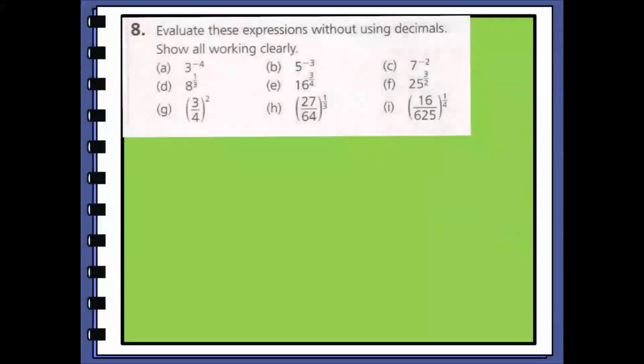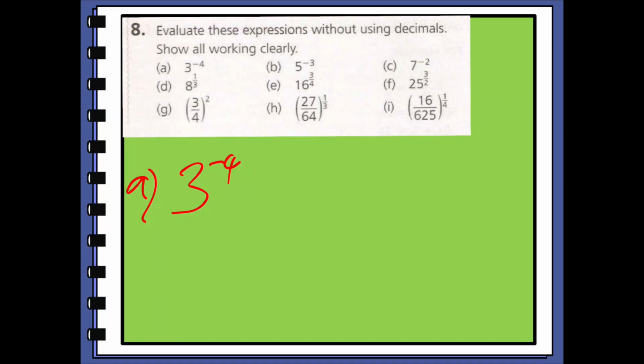Then for the final one, which is question 8, evaluate these expressions without using decimals. Show all your working clearly. For A, we've got 3 power -4.